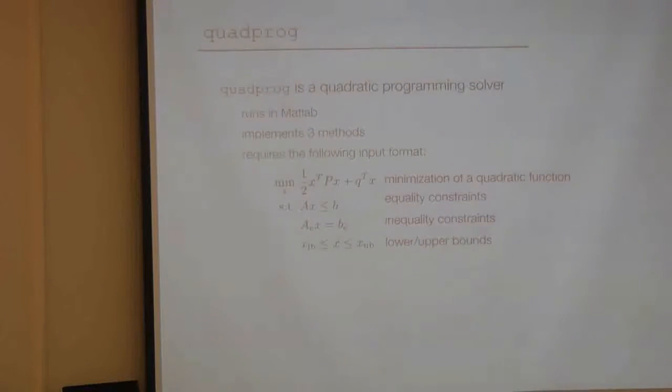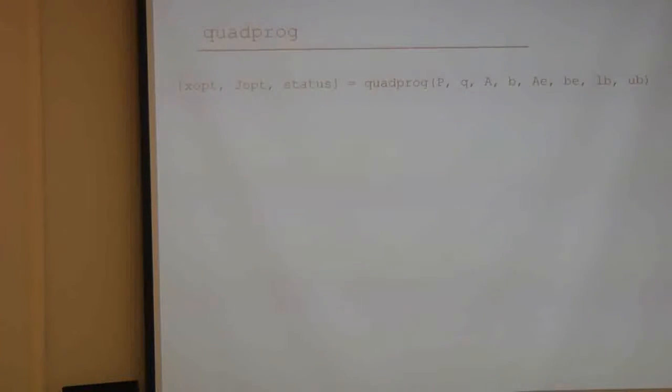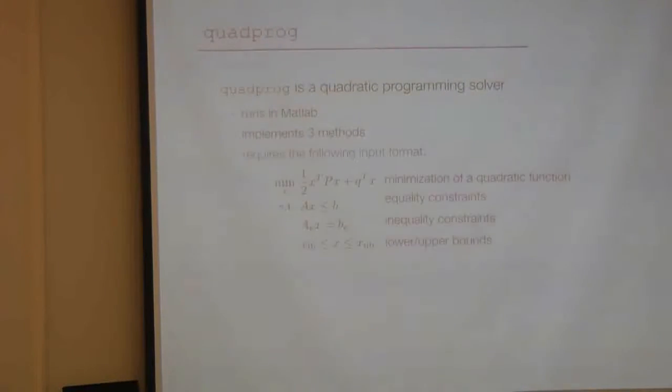You have to be careful, however, about the input format, which is very similar to the input format of linprog. Essentially, we can provide separately the equality and inequality constraints as well as lower and upper bounds on optimization variables. And that's the input. So we have to provide the Hessian. Notice that what quadprog solves is one half of the quadratic term.